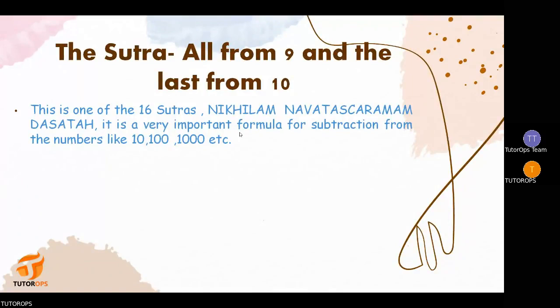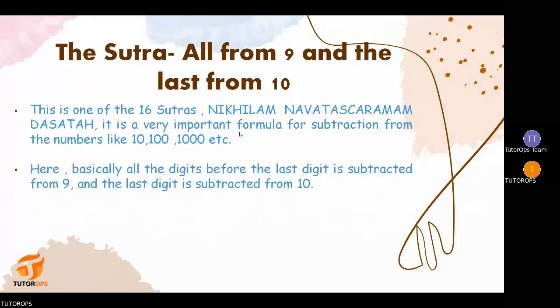One of the famous sutras mentioned in the Vedas was Nikhilam Navatashcaramam Dashatah. That means it is a very important formula for subtraction from numbers like 10, 100, 1000 or the numbers made with 0 and 1.